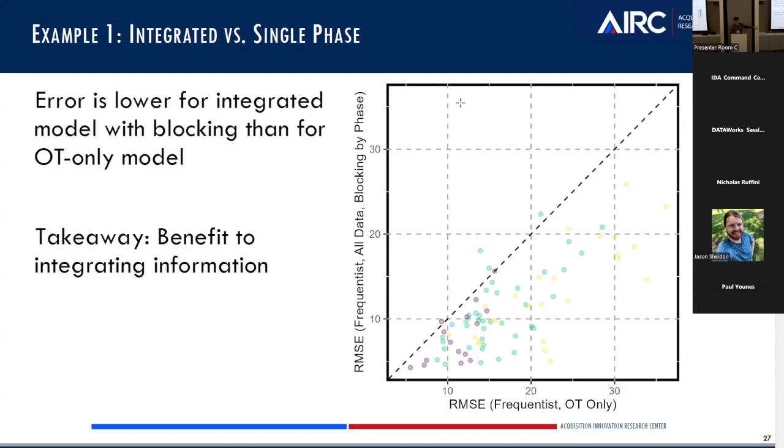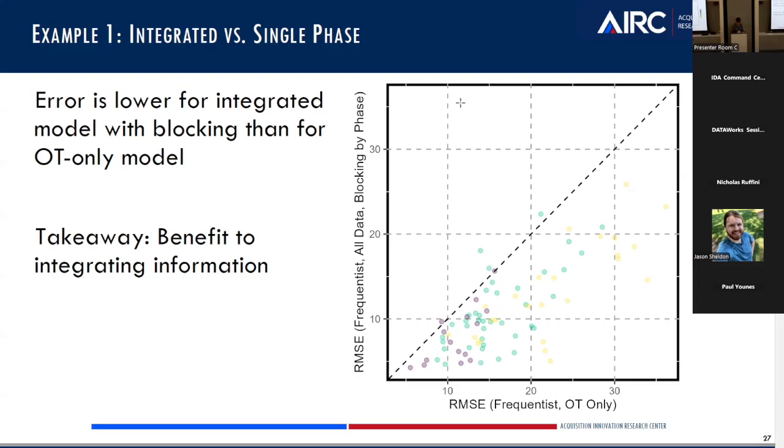So here we're not integrating information, and we're comparing it with the frequentist method where we integrate information using blocking, right? So we have these factors to represent changes between the test phases. The simple way to think of this is the side on which the points fall is the side for which the error is larger, and therefore it's the method that's losing, effectively.